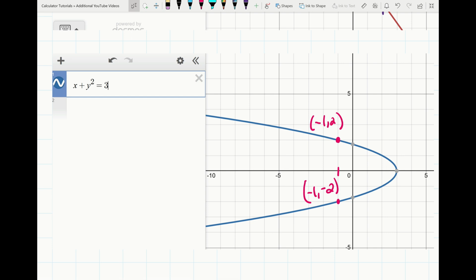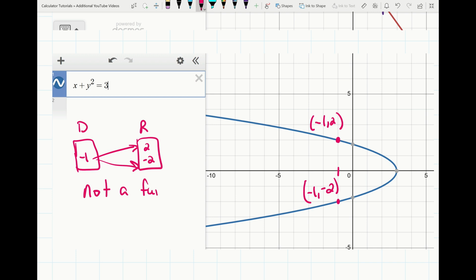But look how this violates the definition. Notice that if I were to do a quick little domain and range here, when the domain is -1, my range is going to be 2 and -2, and it points to two different y values. That is a direct violation. So this is not a function.